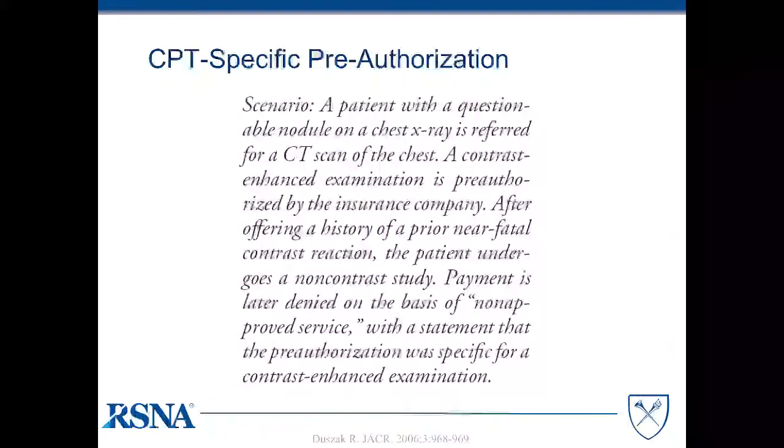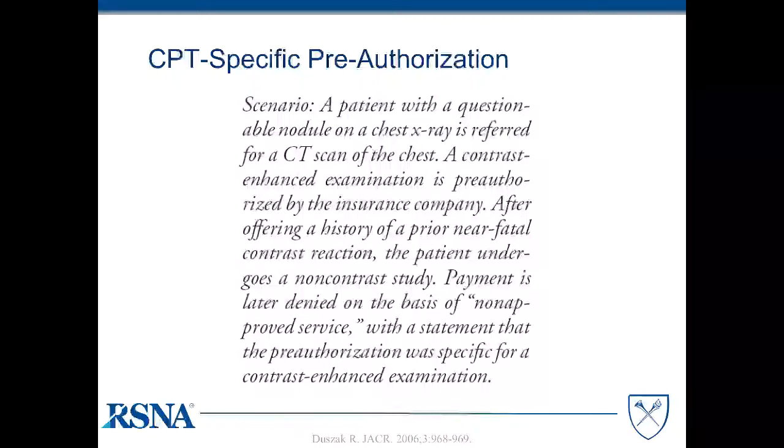One of my personal pet peeves is code-specific pre-authorization, where the RBM approves only a single CPT code and gives the radiology practice no discretion at all to modify that test. Here's a real scenario I wrote about some time ago. A patient with a questionable nodule on a chest x-ray is referred for a CT scan of the chest. A contrast-enhanced examination is pre-authorized by the RBM.